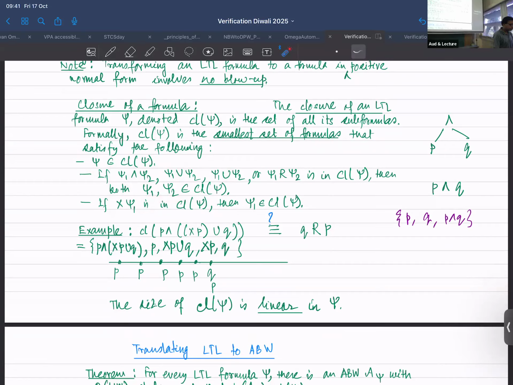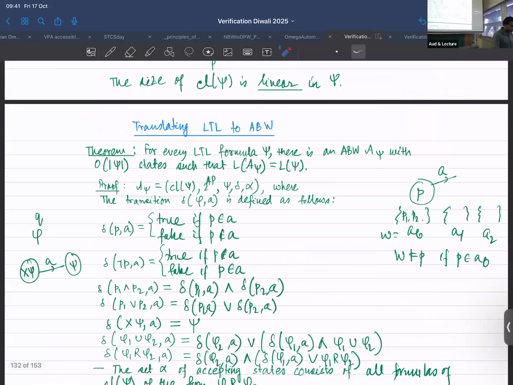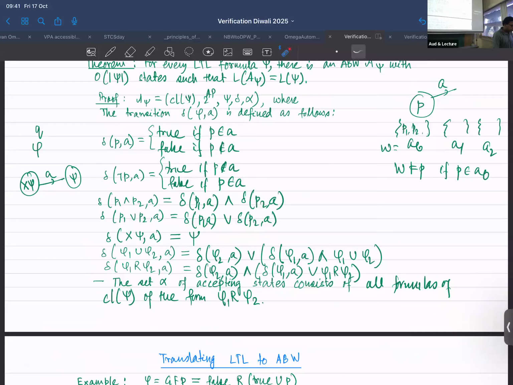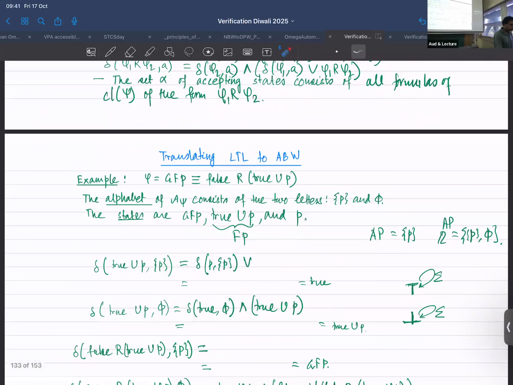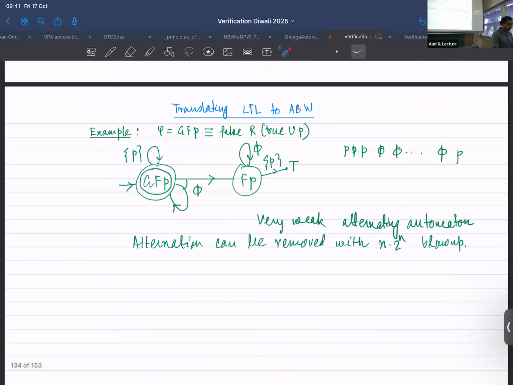And then if you have X psi1 in the closure, then psi1 is also in the closure. We looked at some examples, and we also saw how to construct, for example, if you have a GFP, the alternating Büchi word automaton corresponding to that.